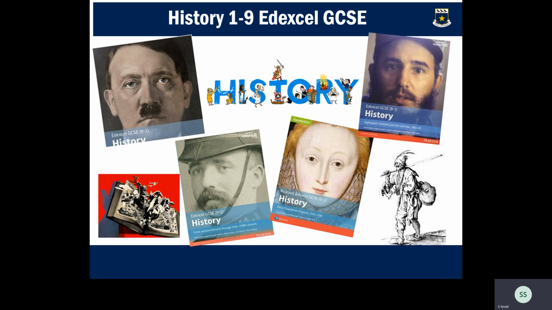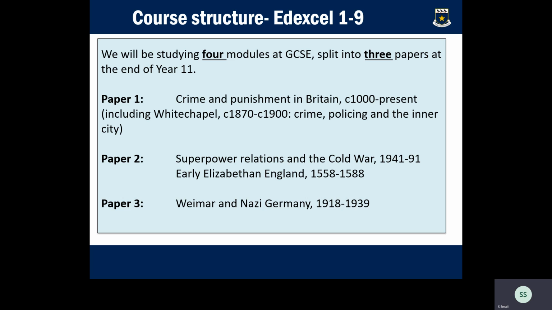I'm just going to walk you through what GCSE history looks like at SJC. So the exam board that we study from is Edexcel, and these are the topics. We study 4 modules at GCSE, and they are split into 3 separate papers.